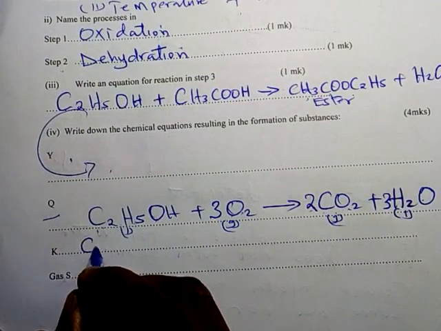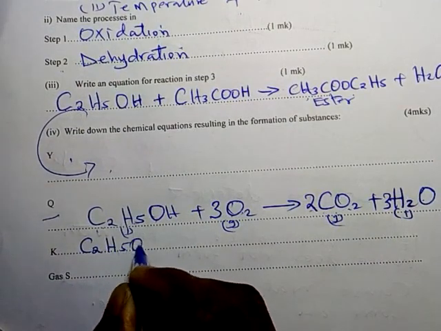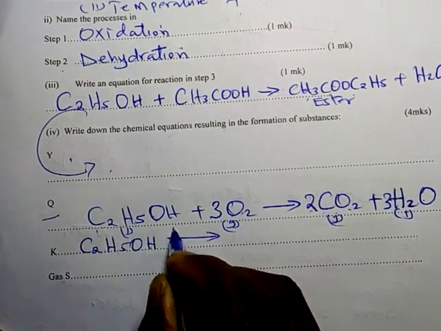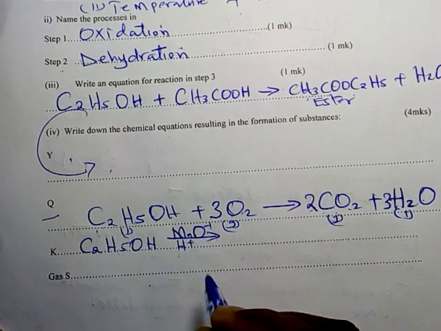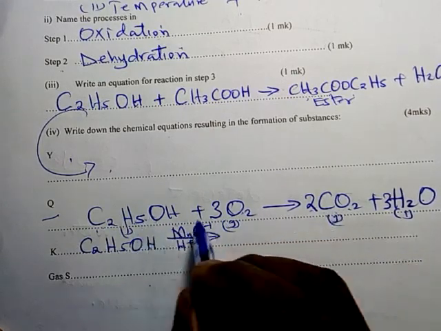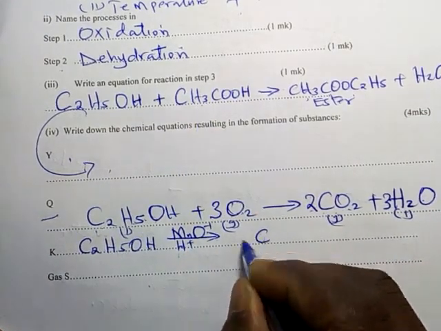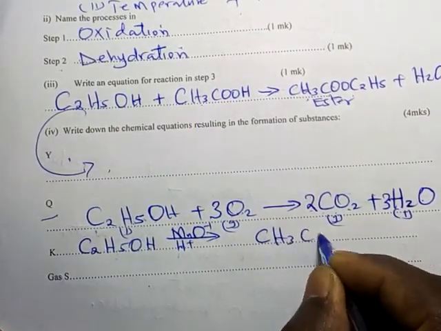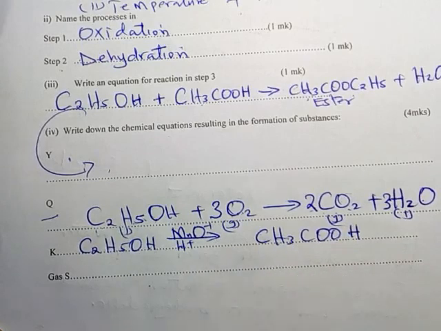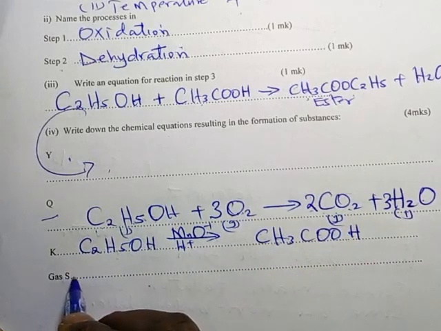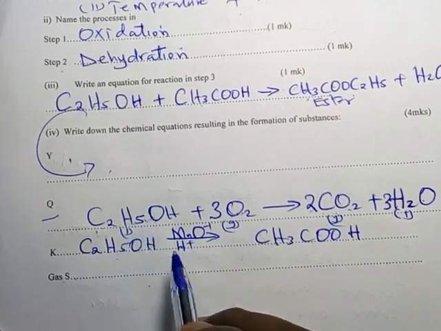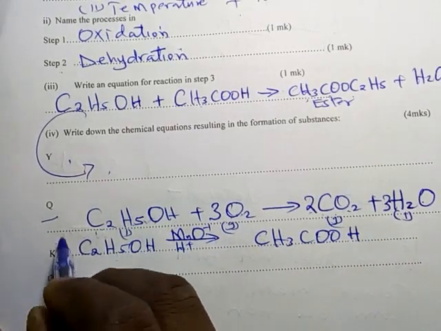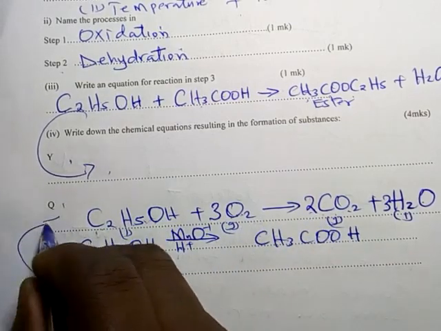So ethanol, C2H5OH, in the presence of acidified oxidizing agent, it forms ethanoic acid, CH3COOH. Oxidation. Formation of gas S, that is combustion. It is the same gas. Gas S and Q are formed at the same time, so this one is actually this.